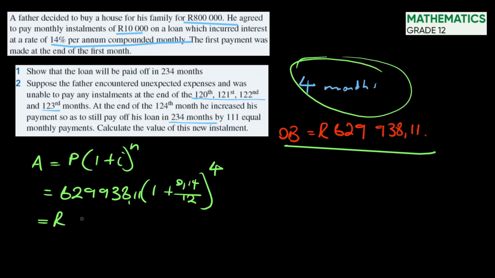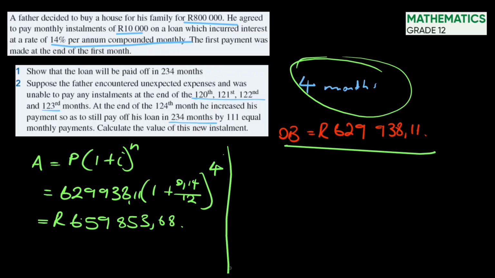So now the new amount that he needs to pay is 659,853.68. So you can see that the loan amount increased from 629,000 to 659,000, by over 30,000, by missing installments.